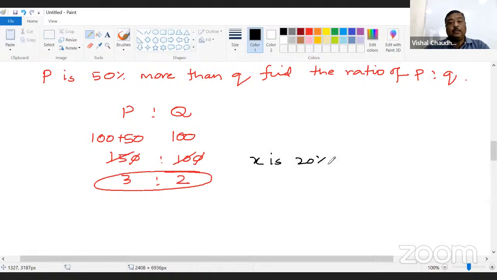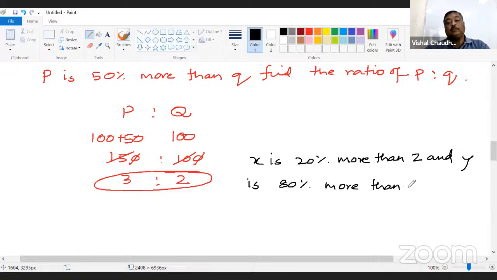X is 20% more than Z. And Y is 80% more than Z. Find x is to y is to z.